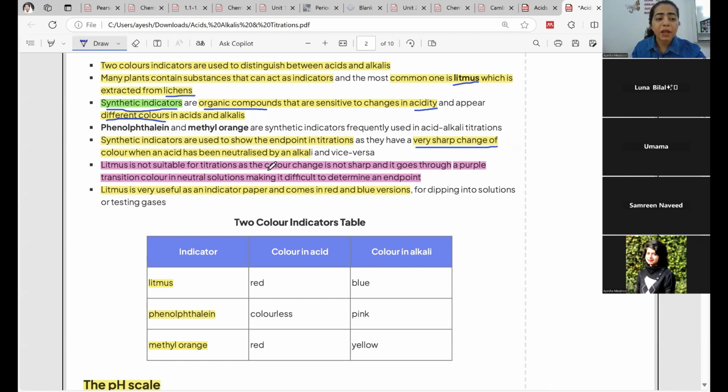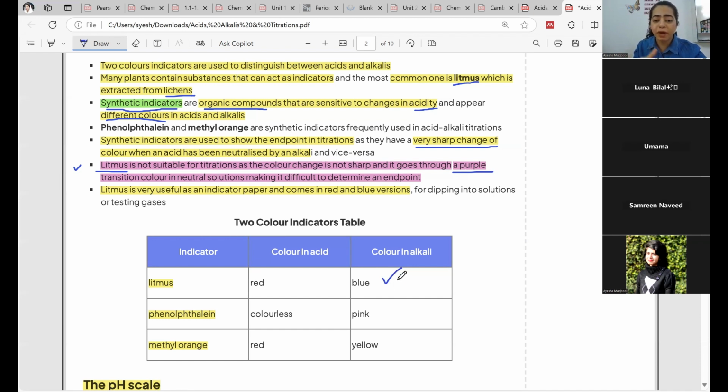For example, if we choose litmus solution as an indicator, it is not suitable, it is not a good indicator. Why? Because it gives you a purple color in a neutral solution, and it is giving you a blue color in an alkali solution. So a color change from purple to blue or blue to purple is basically difficult to identify.